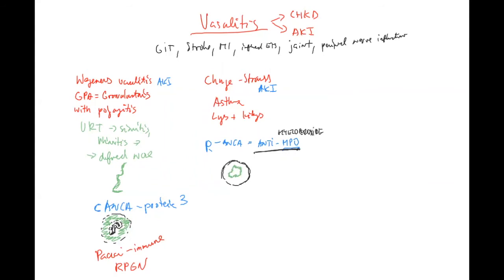So that's p-ANCA, and that's typical for Churg-Strauss vasculitis, okay. And maybe I should stress that this is small vessel vasculitis, okay? And still, this is again pauci-immune, okay?